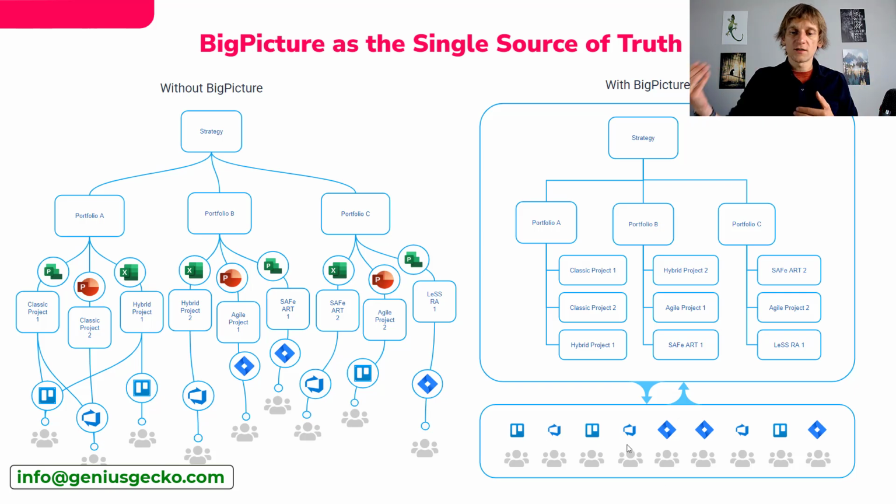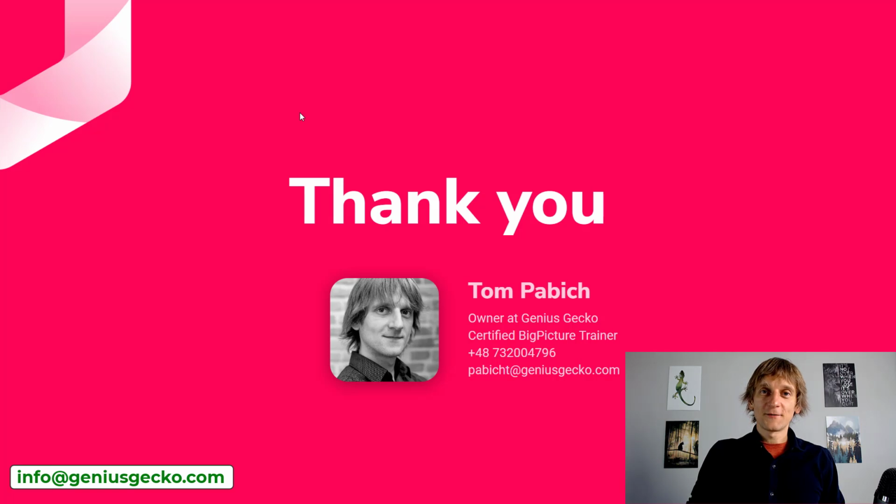Is it Jira, is it Confluence, is it Jira Service Management, or Trello even, or several instances of Jira Cloud that also can be combined into one BigPicture instance. Then all of that data is getting nicely synchronized into one place, and you have one view from which you can understand everything that's going on in your whole portfolio. And I love it.